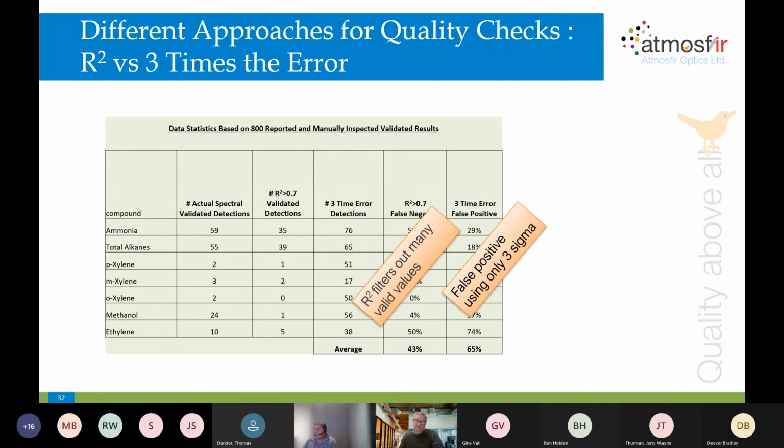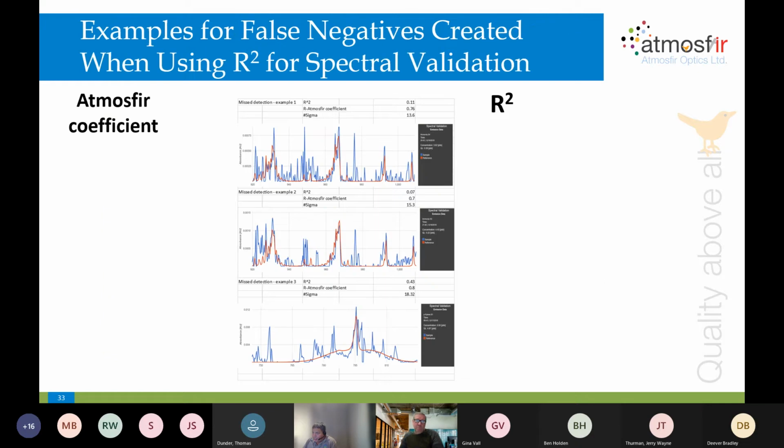And if you rely on the signal to noise ratio, then you bias your result high and you get a lot of false positives. Even a combination of the two will not give you the right result.